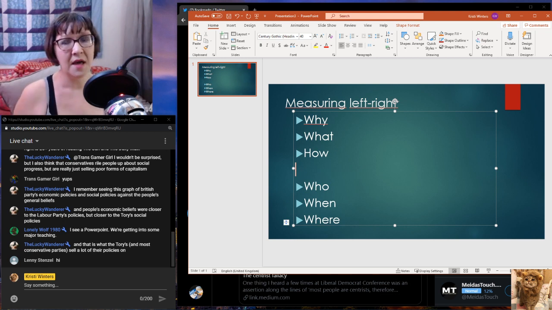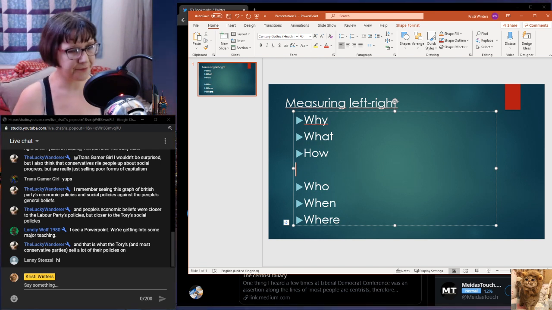This became a sort of default political orientation, a heuristic, and by heuristic I mean a mental shortcut to get you to a bigger concept.